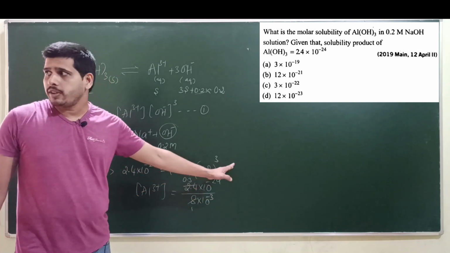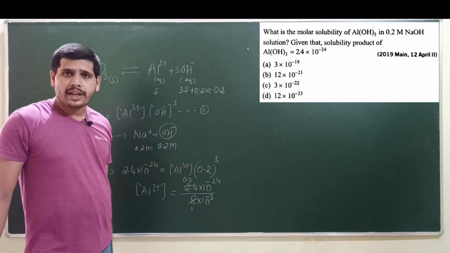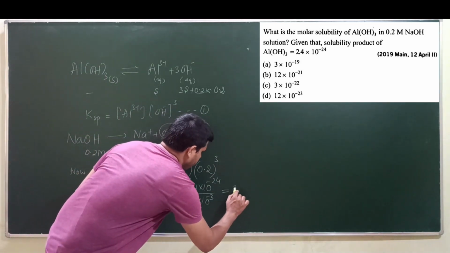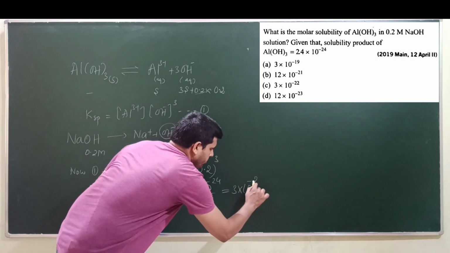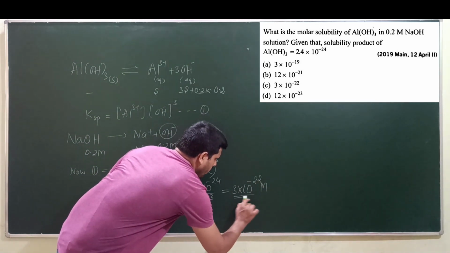Extending the decimal point by one place, this becomes minus 22. So the answer is 3 into 10 to the power of minus 22 molar.